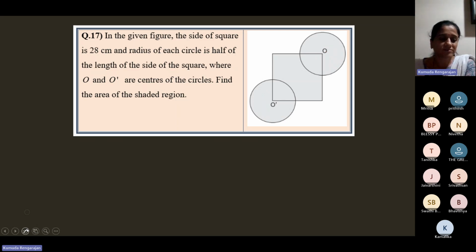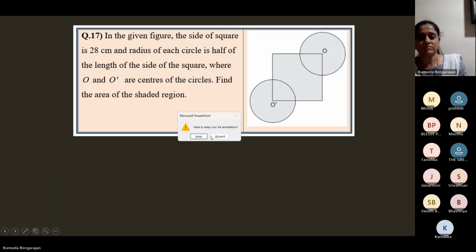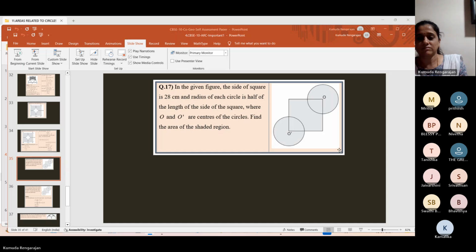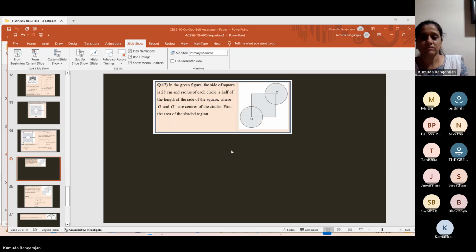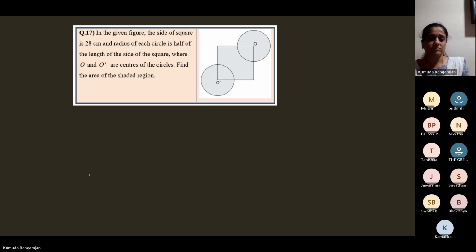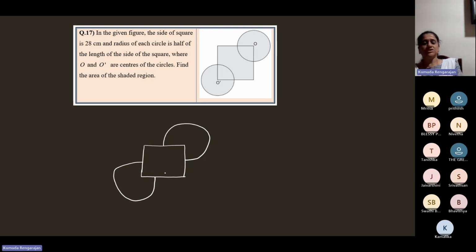Let's draw the figure like this. See, this is the shaded region.